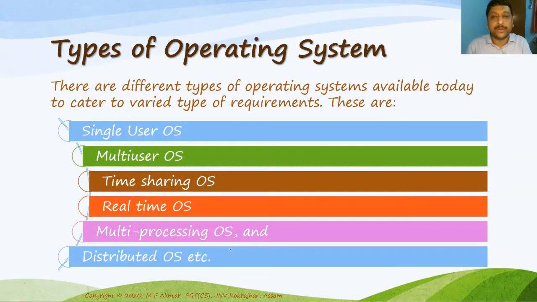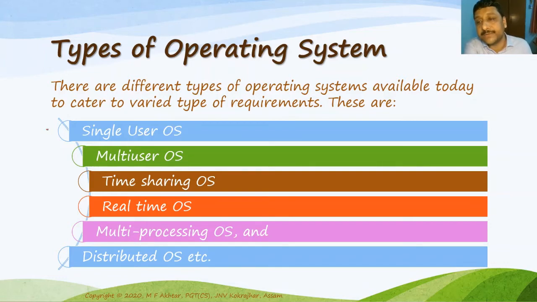Now there are so many types of operating system available in a computer system, and some examples are given here. There are different types of operating system available today to cater to varied types of requirements. Depending on the requirements, software is developed accordingly.